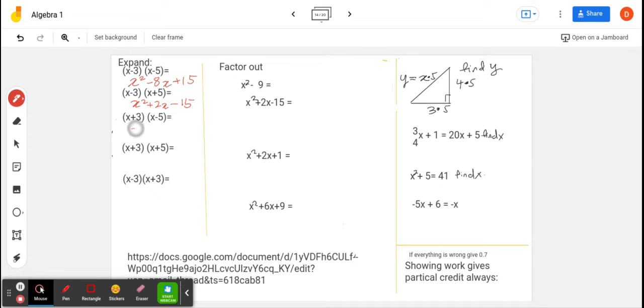Right? Yeah. X squared, minus plus, that's negative 2x, minus 15 still. Okay. X squared plus 8x plus 15. That's good, right?